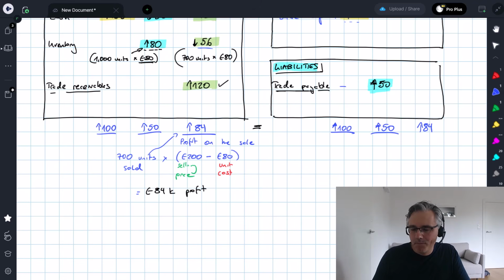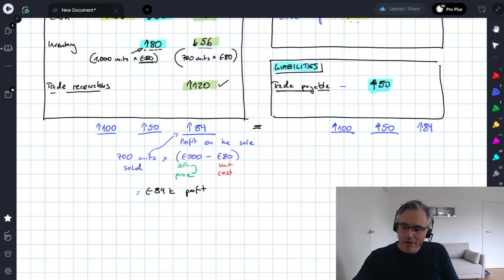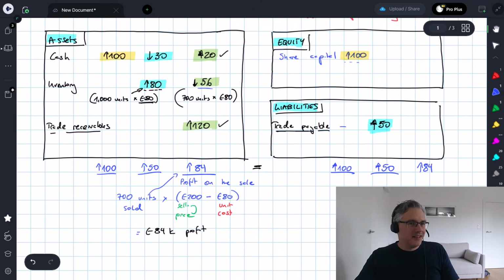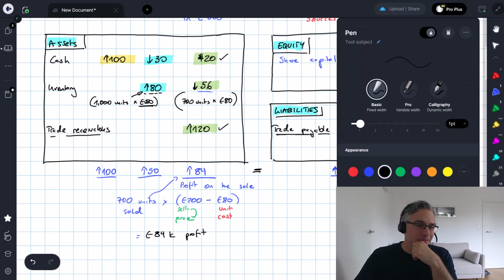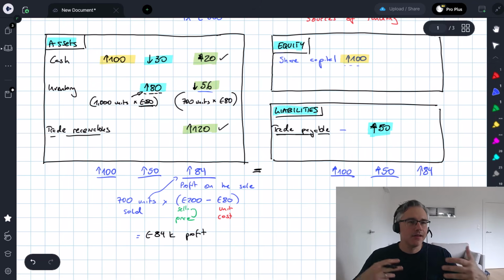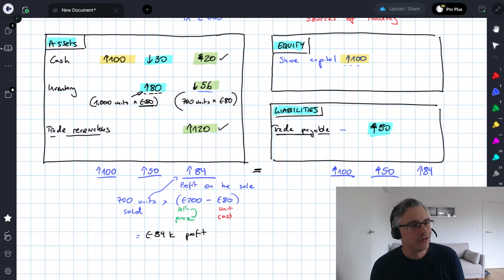Okay. Now, where am I going to take that 84 of profit on the other side of the balance sheet? Well, you have to think in terms of who the profit actually belongs to economically, who has discretion over what the company should do with that profit. And we typically think in terms of the shareholders being entitled to make a decision.